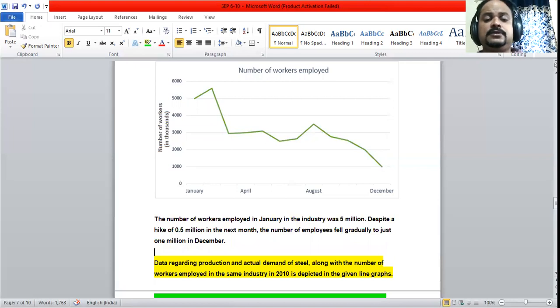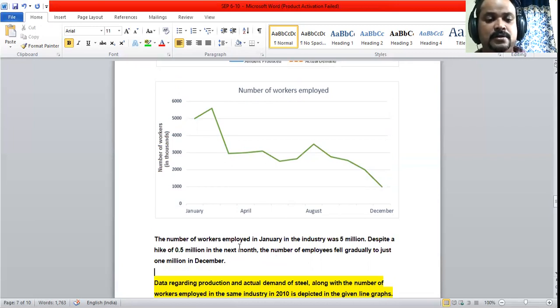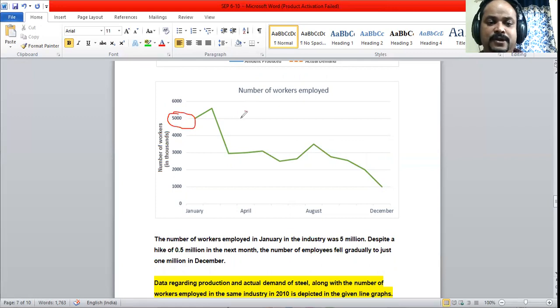The number of workers employed in January in the industry was 5 million. So in January, the number of workers employed in the industry was 5 million. You can say it is 5 million, correct. So how does it become 5 million? It is 5,000 in thousands, right?